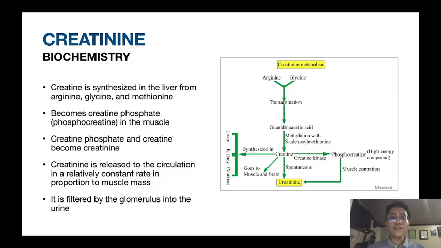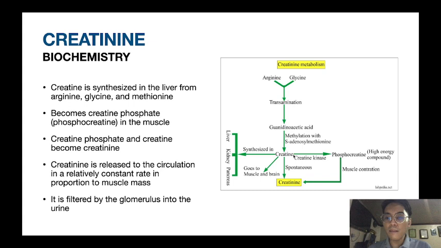So, how is creatinine formed? So, 'di ba, creatinine is made from creatine and creatine phosphate. So creatine is made from arginine, glycine, and methionine. That will create creatine in the muscle.